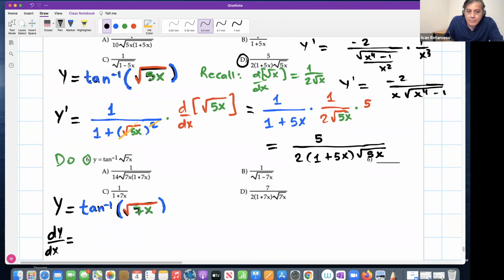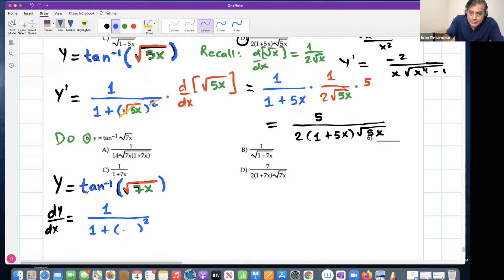So the derivative of y with respect to x, I'm using an equivalent notation with respect to the prime notation, right? This is the same. It's going to be equal to what? Start with the derivative of the outsidemost function, which is this tangent inverse function, right? That derivative is 1 over 1 plus something squared.